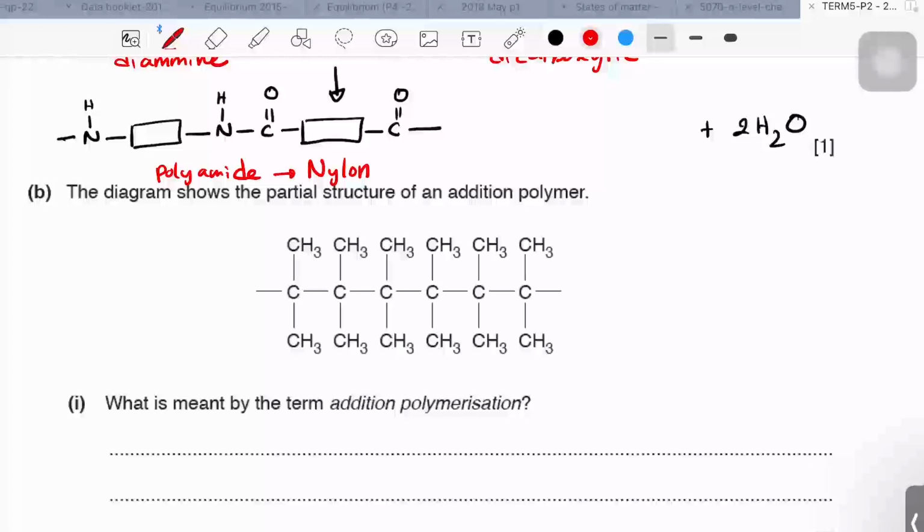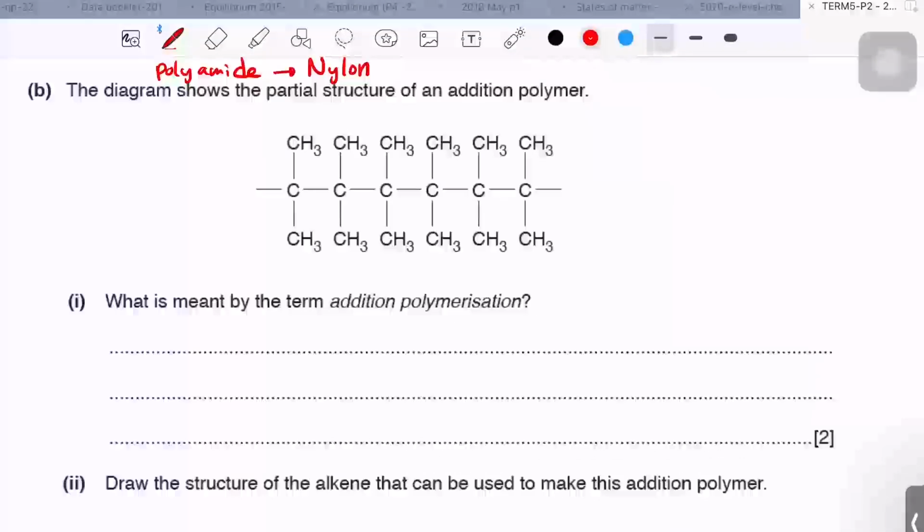So, when we wrote the definition for condensation polymerization, we say it is when monomers combine to make a polymer by removing small molecules, like water. But when addition polymers are formed, no byproducts are formed. Only the polymer is formed. Remember that.